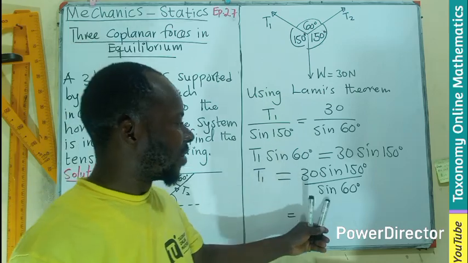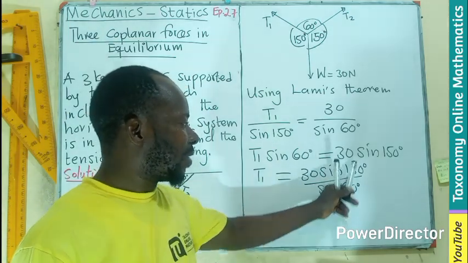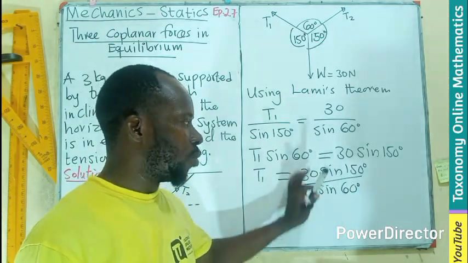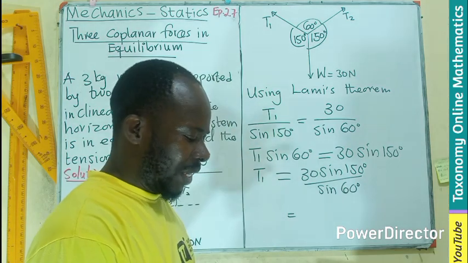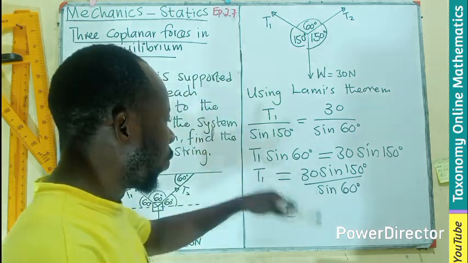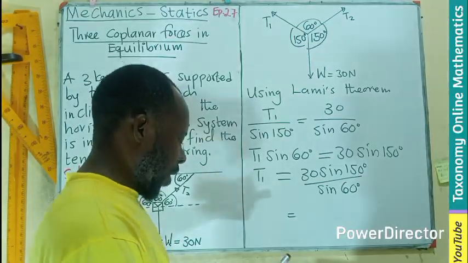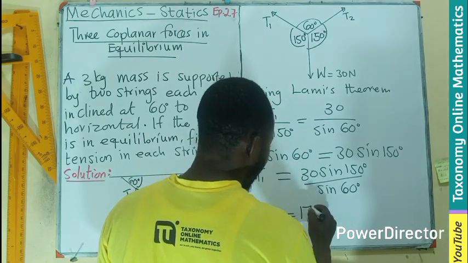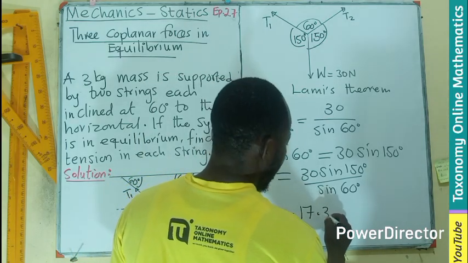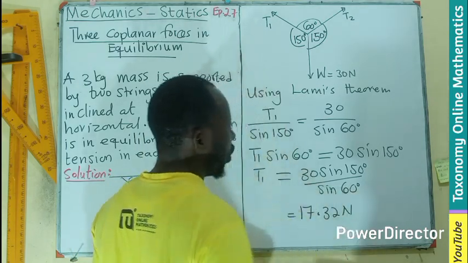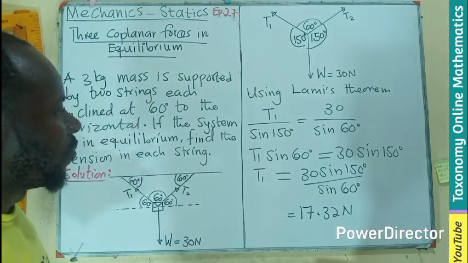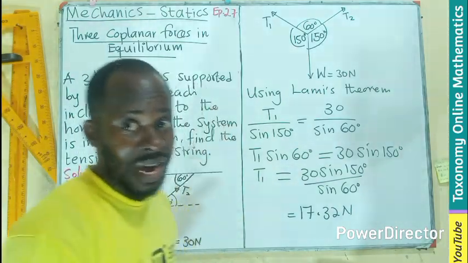We cannot cancel the sines out. You put it all in your calculator and check the value as a whole. And if you do so, you should be having 17.32 Newton.